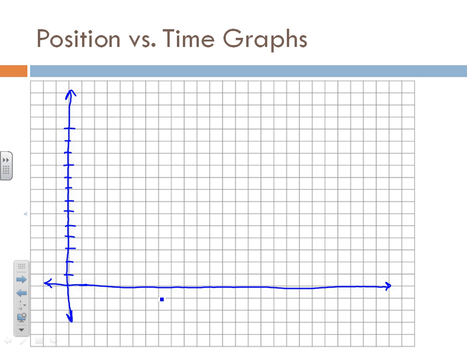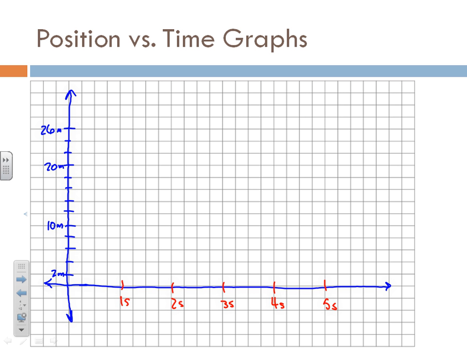So I'll make each one of these 2 meters: 4, 6, 8, 10 meters, 12, 14, 16, 18, 20, 22, 24, 26. And then along the bottom, again, we'll label our seconds: 1 second, 2 seconds, 3 seconds, 4 seconds, 5 seconds.